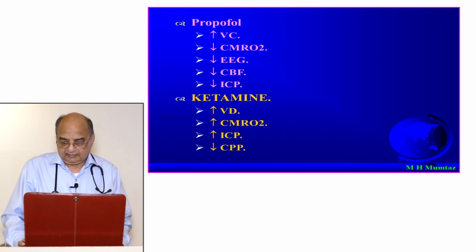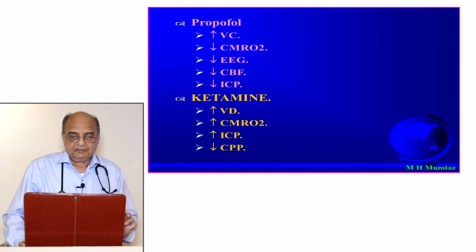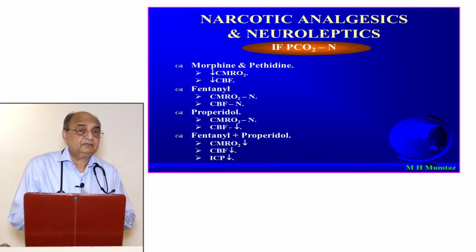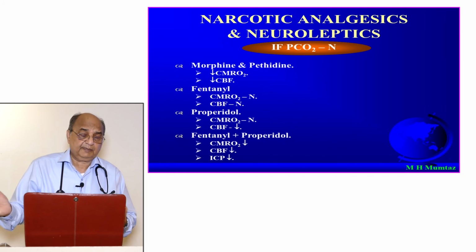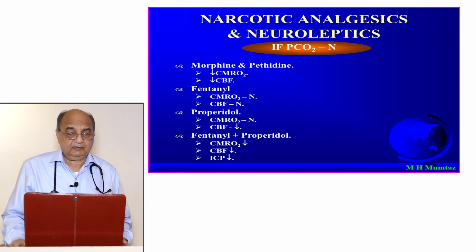Now, for all these individual drugs, we should have a simple, basic formula. Now, narcotic analgesics: people use morphine, we use fentanyl, alfentanil, sufentanil, remifentanil, all these drugs.